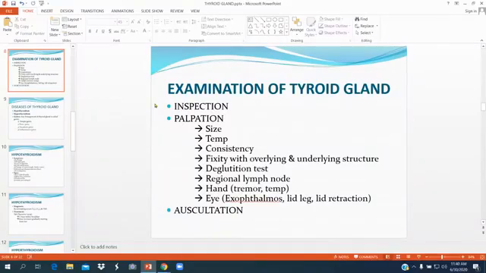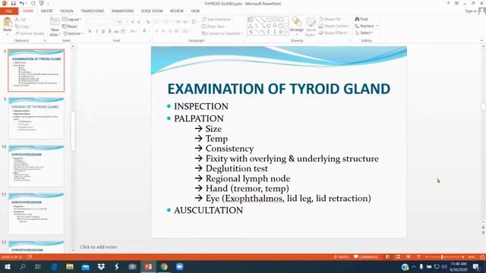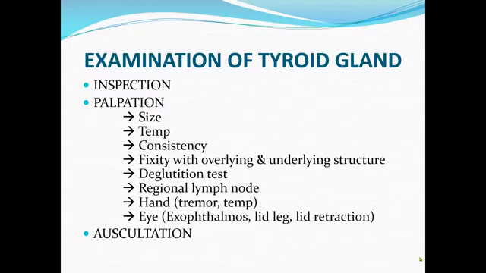So we can examine this gland externally, and superficial examination can be done. That is palpation, auscultation, and other examinations, due to its location on the superficial surface of the body. Thyroid gland examination, at first inspection.